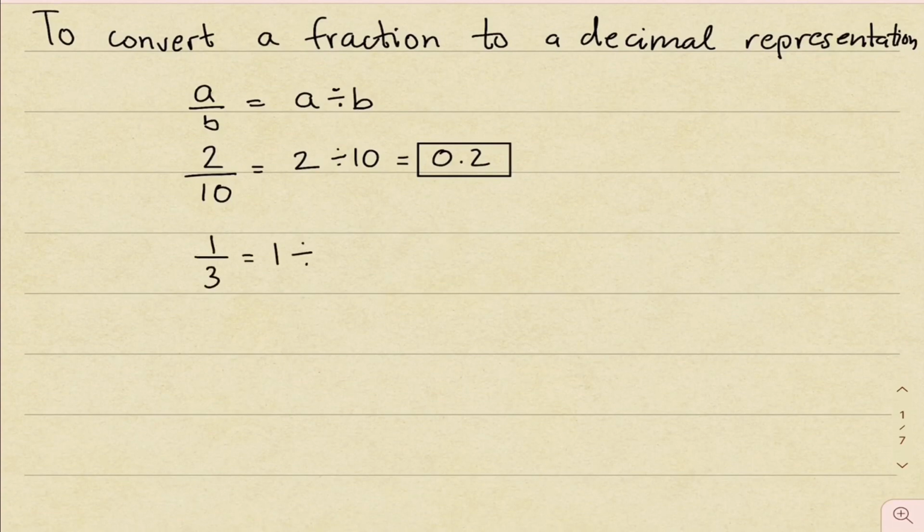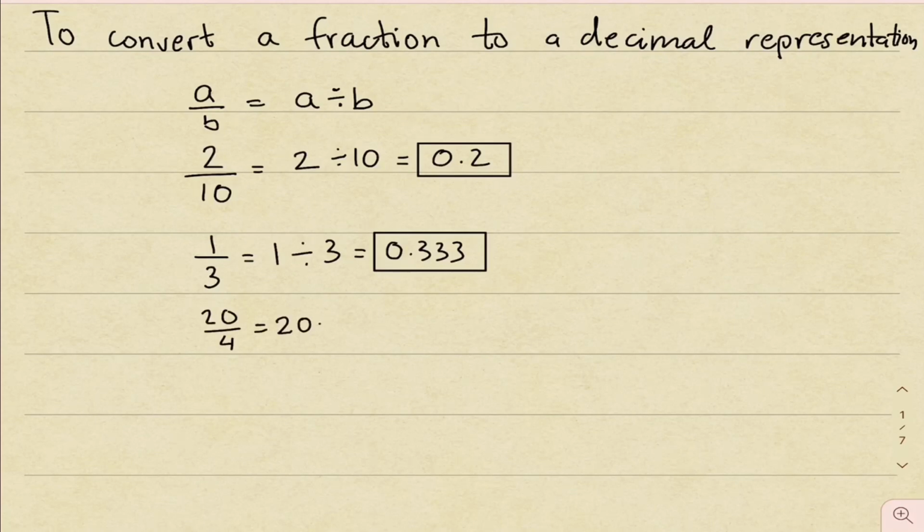Again, that's the same thing as saying 1 divided by 3, which is 0.333. 20 over 4, that's the same thing as 20 divided by 4, which is 5.0 or just 5. Okay, so again, that's how we convert fractions to a decimal representation.